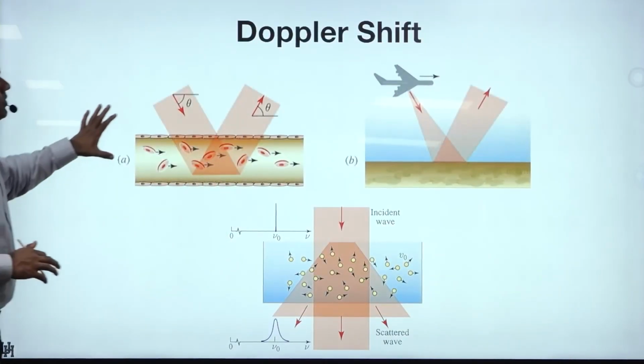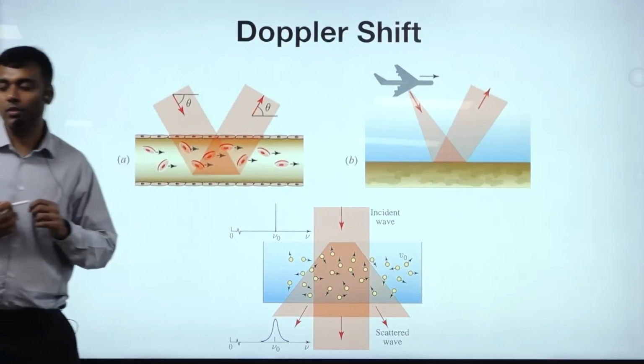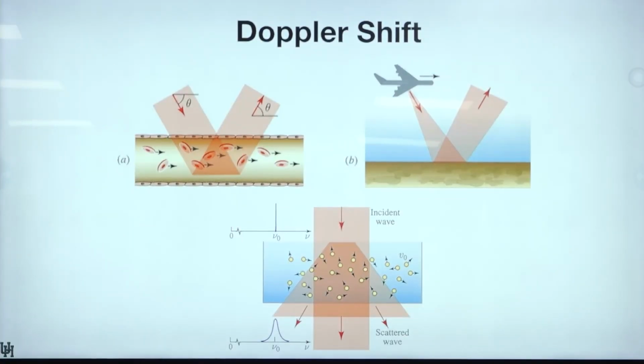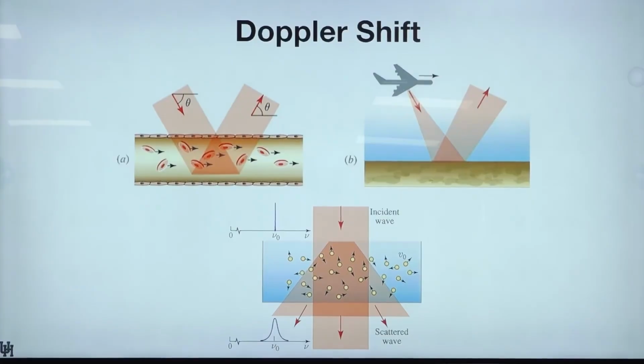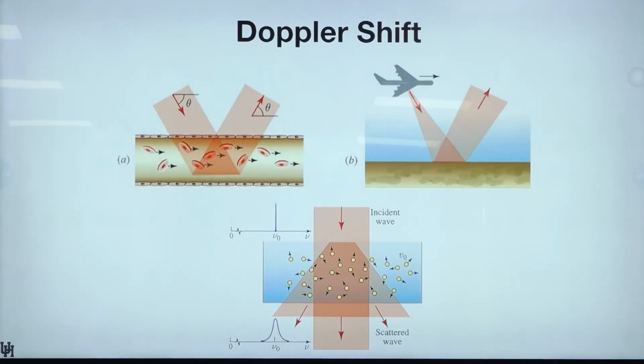So the next phenomenon I wanted to discuss is what's called the Doppler shift. What does Doppler shift mean? This is typically not as useful for optical imaging systems as for, say, sound, but the phenomenon is still useful.